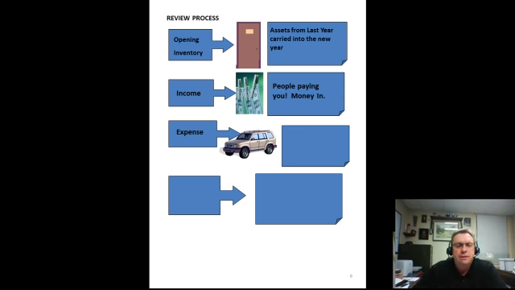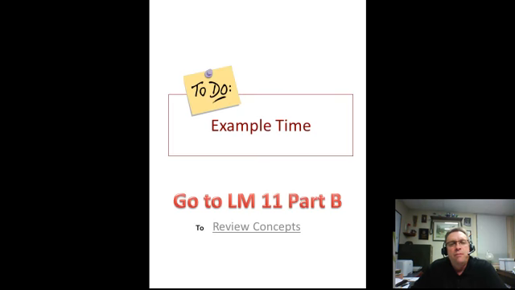Then you have the expenses, and that's money going out. And then you have the ending inventory, which lists all the assets you have at the end of the year: capital inventory, and also consumables that you did not use during the year. And that's how the record flow works. That's the combining of the records that we're talking about, the most important records that we deal with.